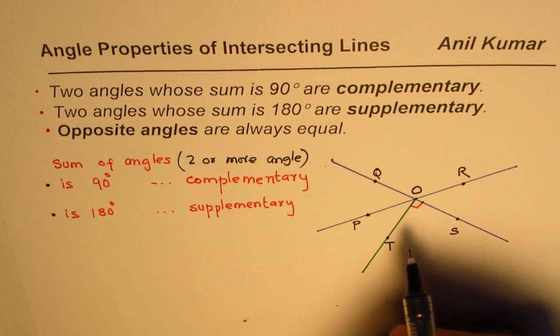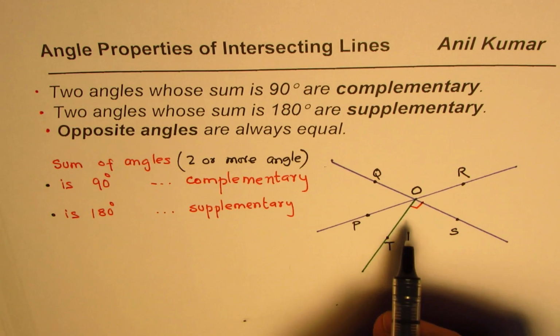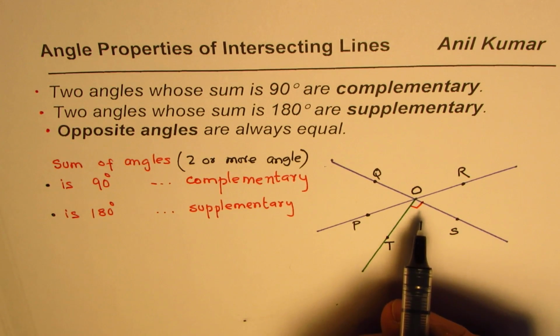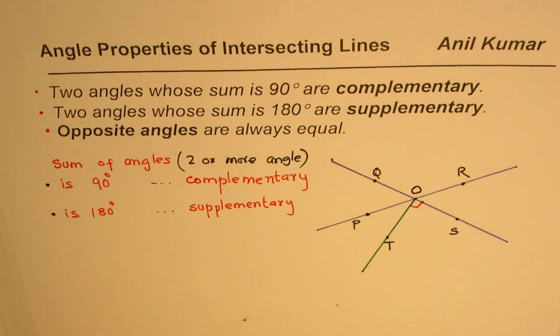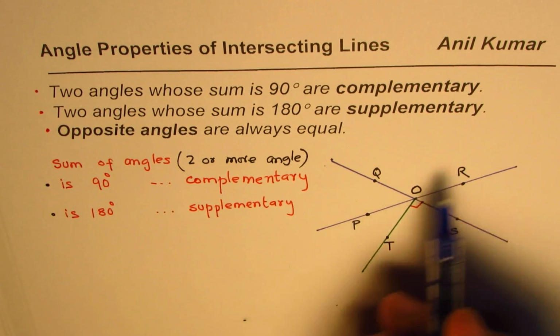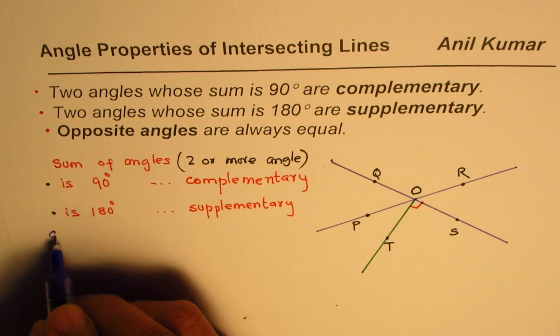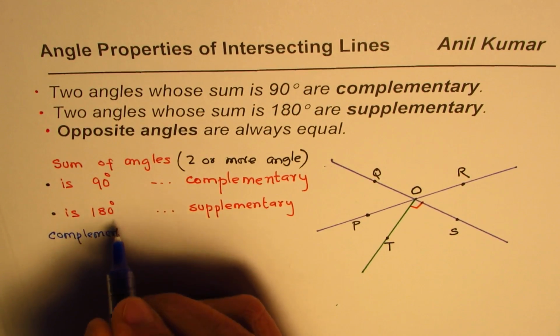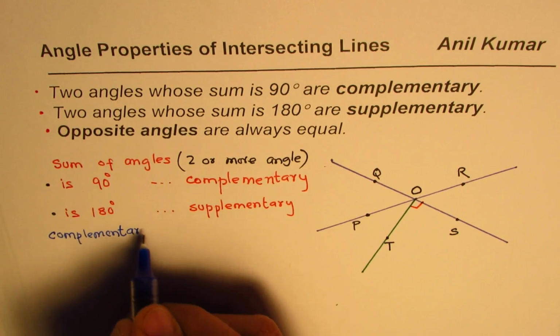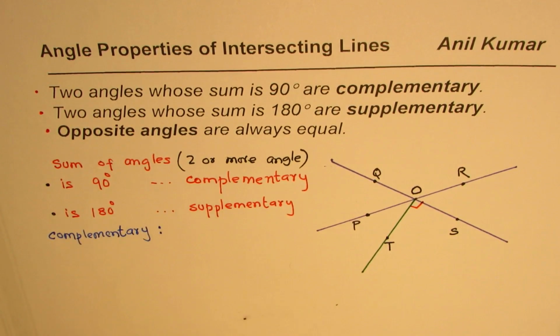Here is an example. Can you write down angles which form complementary angles? Let's give an example, or as many as you can, from this diagram. Their sum should be 90 degrees, okay? So let's figure out which ones.